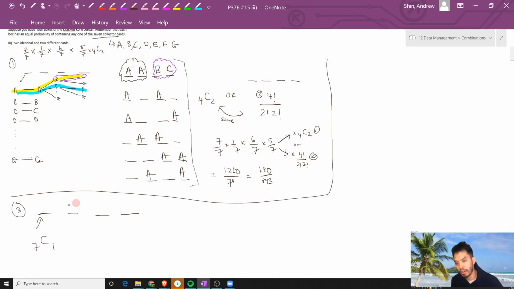And this one right here is we're just counting the number of ways to get the 2 identical and 2 different cards. So if this is going to be identical, we're going to have 1 choose 1 here. So that's going to be the identical card. And right here, this is going to be these 2. We have 6 cards to choose from, and we got to choose 2 of them.